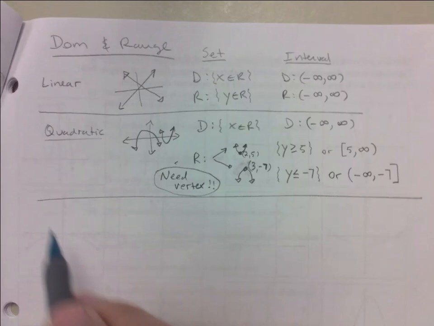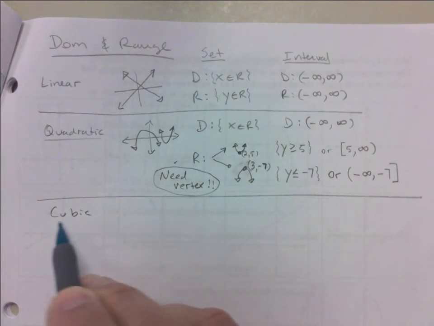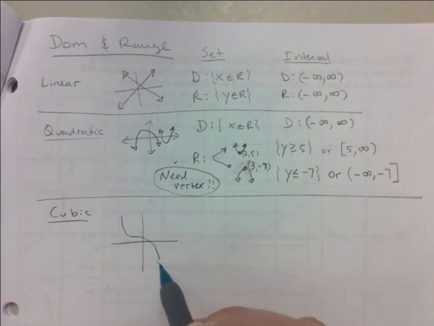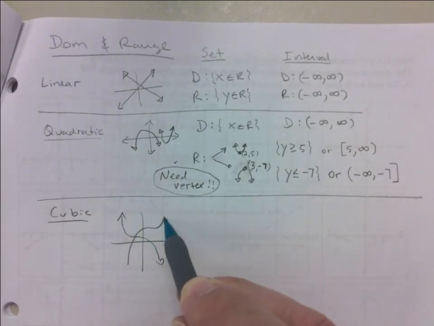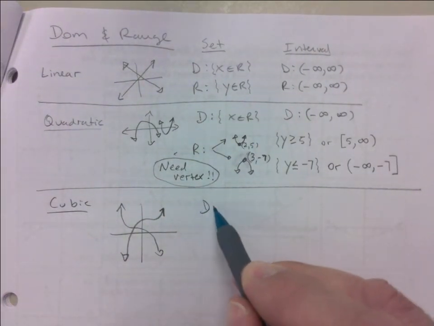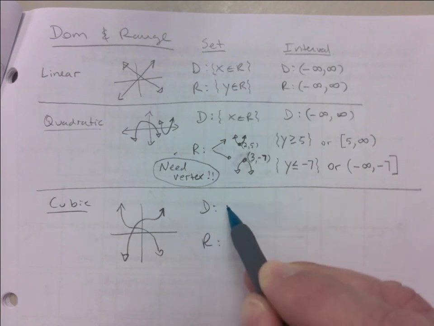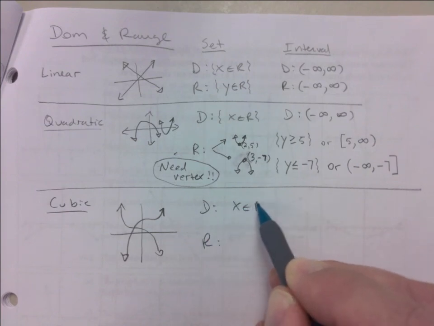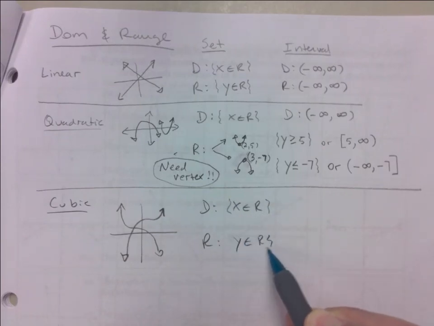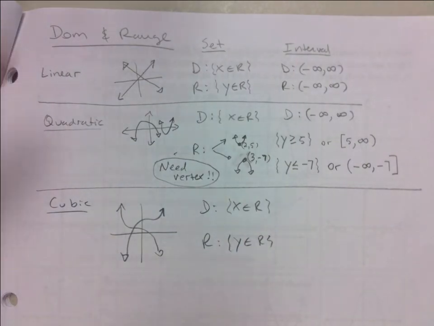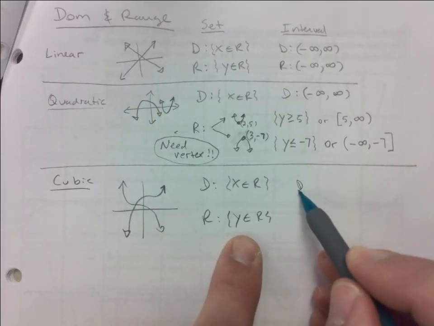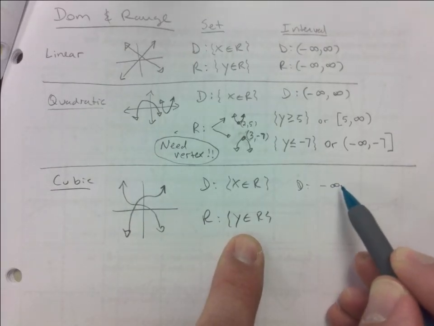And then the cubic is easy again, easier. Okay, it goes like this or like this. Your domain and your range are both anything goes. y is part of the real numbers, x is part of the real numbers. We can also write it in interval notation.